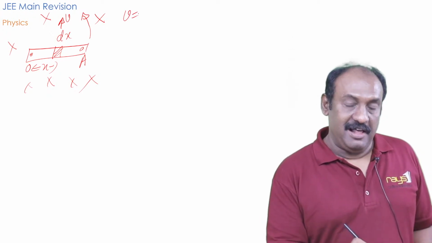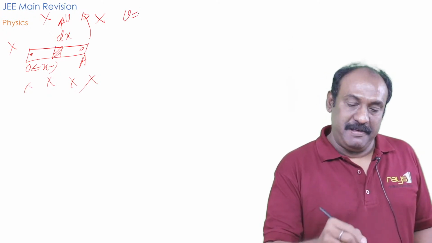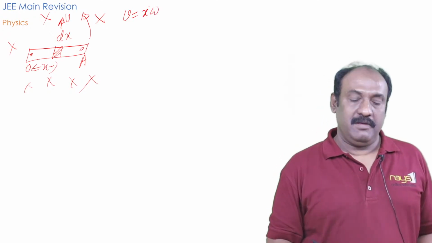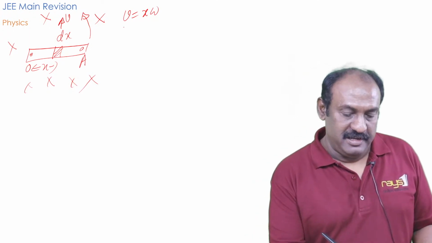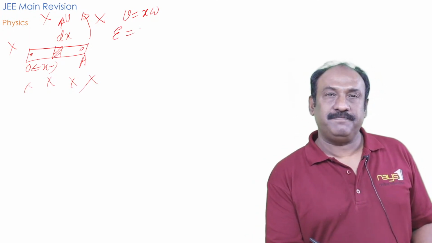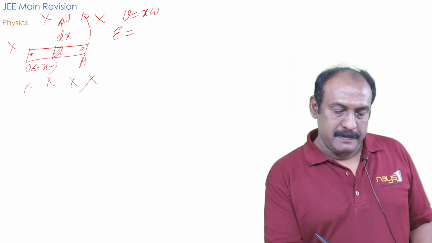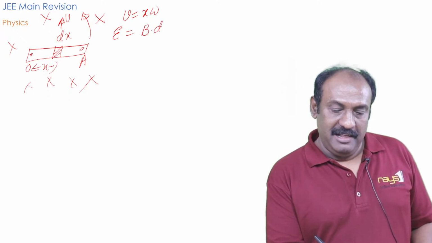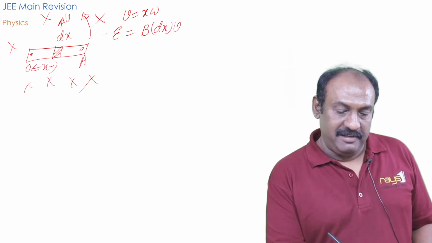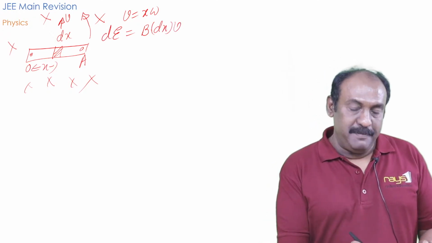The linear velocity of this rotating elementary strip is v equal to x omega. What we want here is induced EMF. So induced EMF, here it is E equal to BLV. B into L is dx, into V. That is the induced EMF due to this elemental strip.